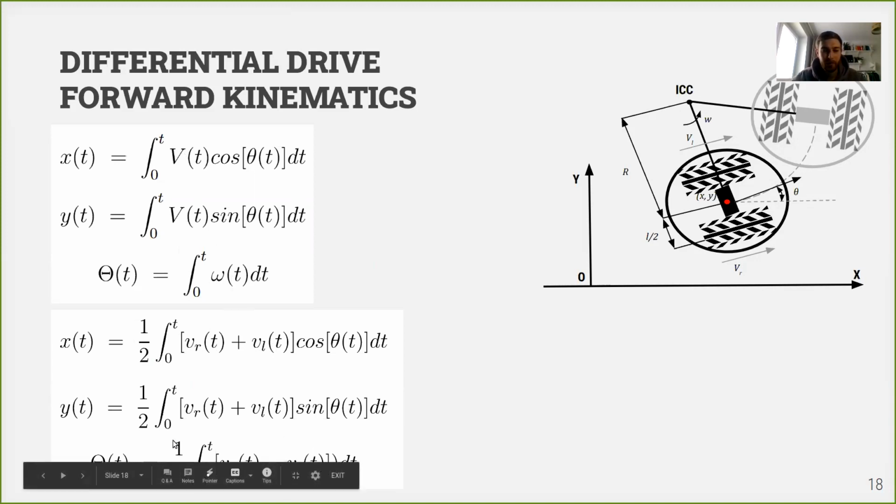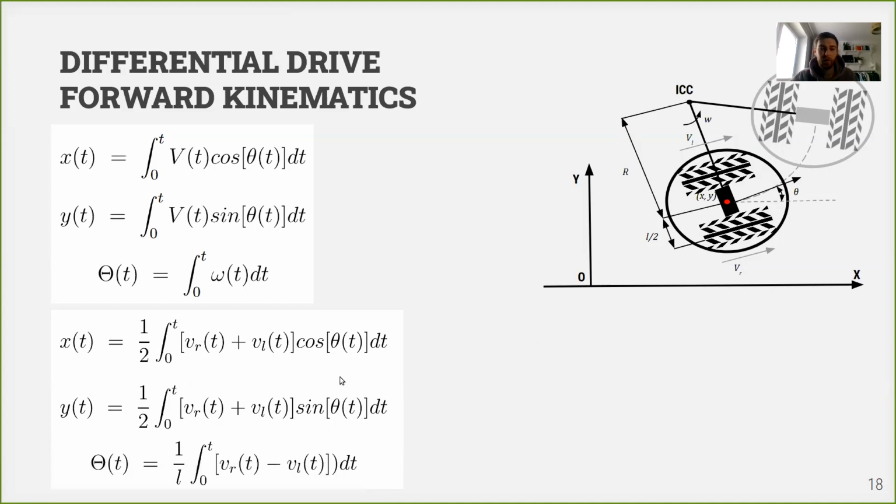And also here we just need to know the wheelbase of the robot divided by 2, and we get the angular velocity of our robot. So basically these equations are everything we need to know where our robot is in space within some time period, if we knew the initial pose we started from.